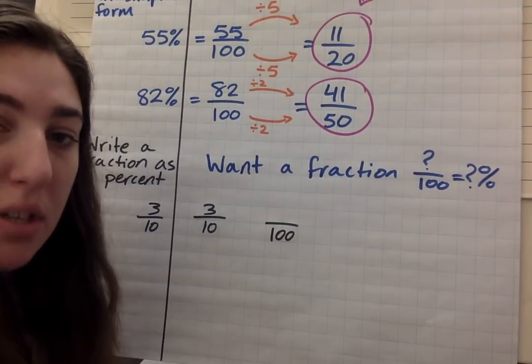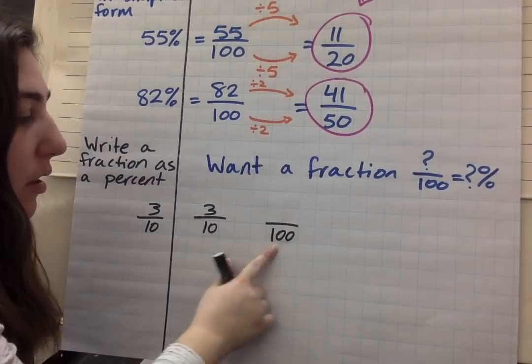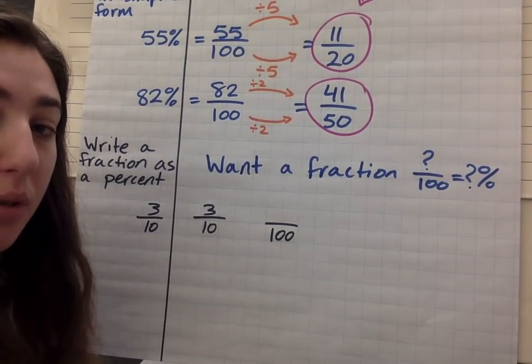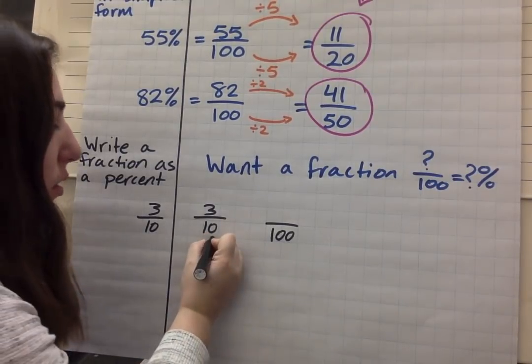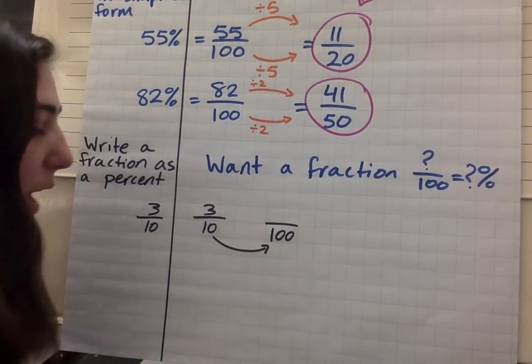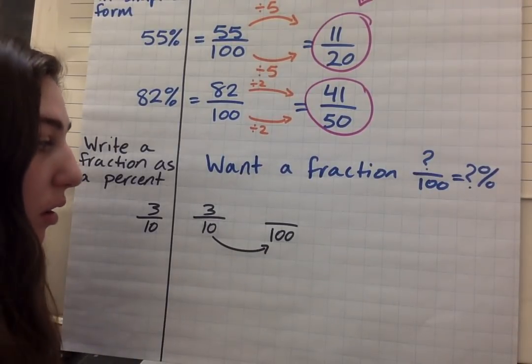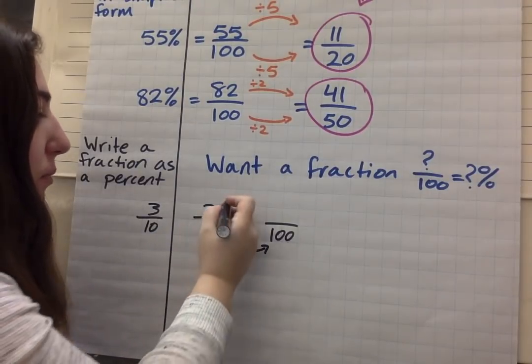In our last chapter, in chapter 1, we had some ratio and we had to find the equivalent ratio on this side. So that's what we're doing right now. We have 10, we want 100. How can we get from 10 to 100? And whatever you do to the bottom, you have to do to the top, okay?